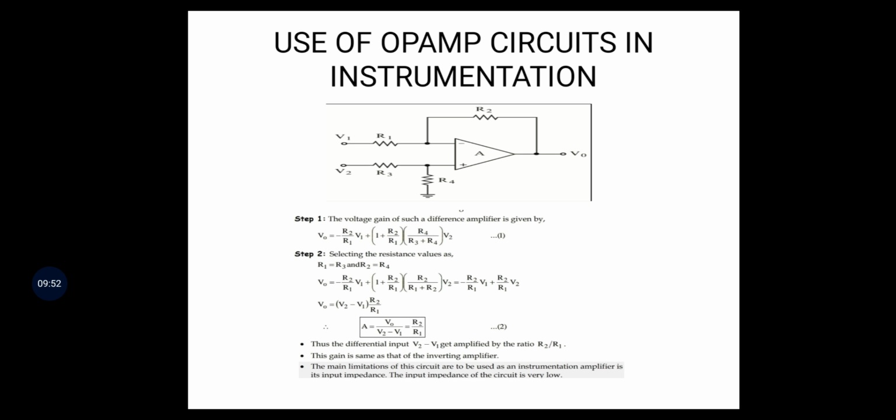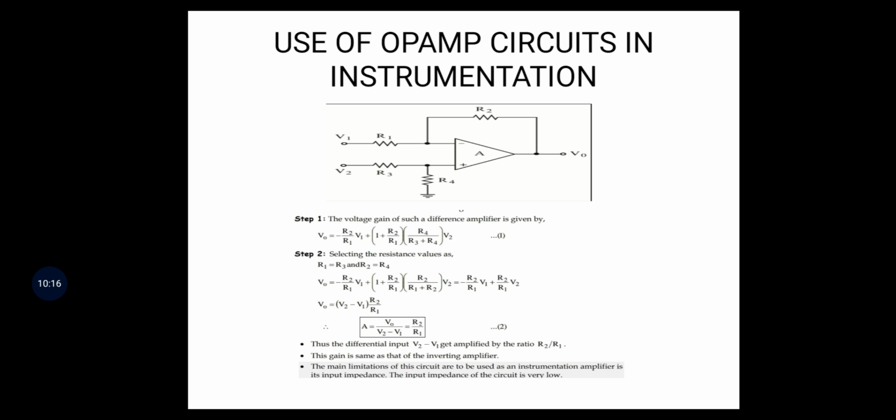The inputs are V1, V2, with resistors R1, R2, R3, R4. At the inverting terminal there are R1, R2 resistors, and at the non-inverting terminal R3, R4 resistors.